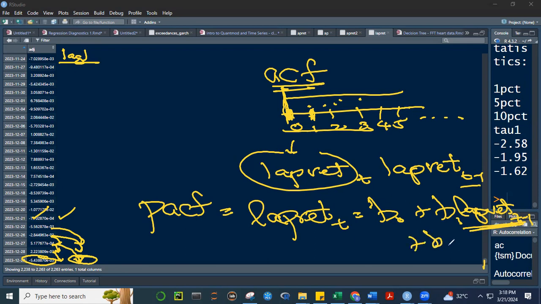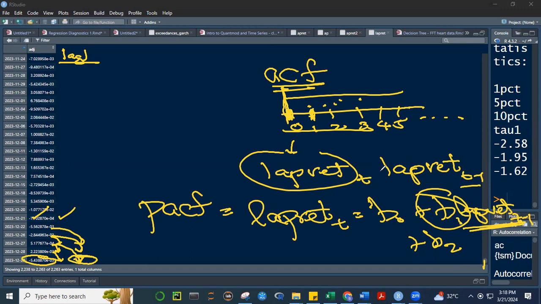You also add plus B2 times LAP-RET at t minus 2, plus B3 times t minus 3, etc. The values that you get here, B1, B2, B3, will be your partial autocorrelation values. So you'll also have your partial autocorrelation plot. That's how you compute your ACF and your PACF.